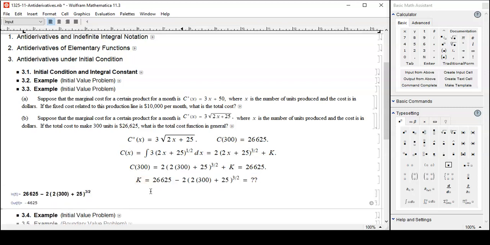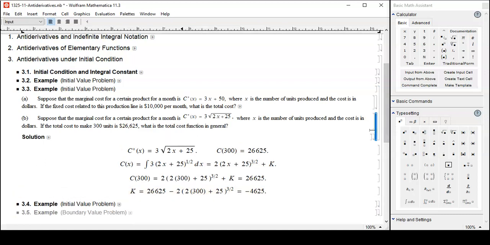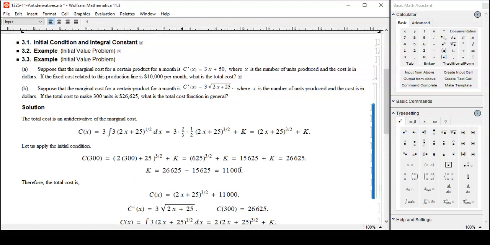Punch this into the calculator. And this doesn't look good. Apparently I made a mistake somewhere. Negative 4625. Well, I don't find any mistake here. So I guess that's it. Is this right, really? Or did I make some mistake somewhere?